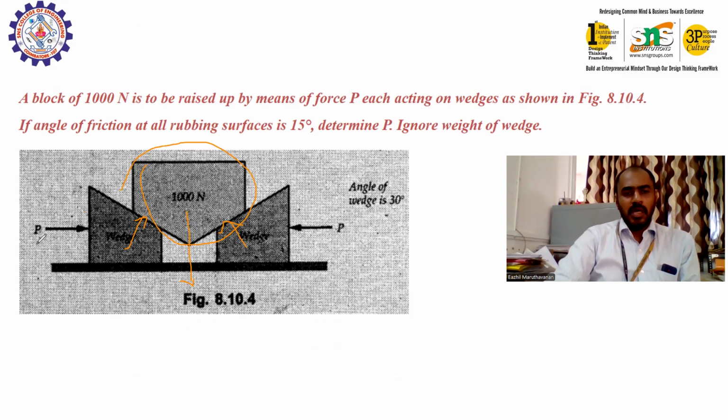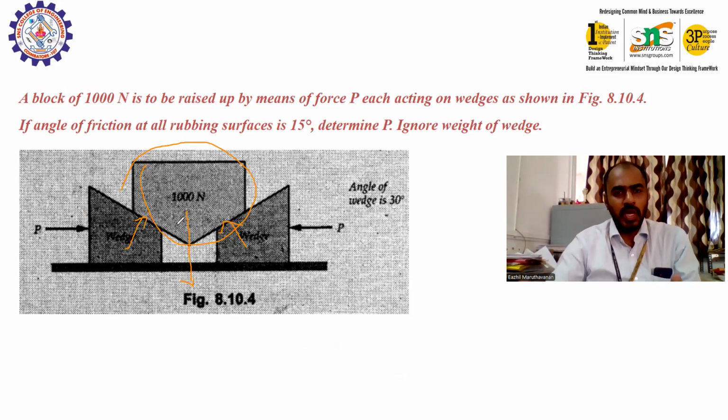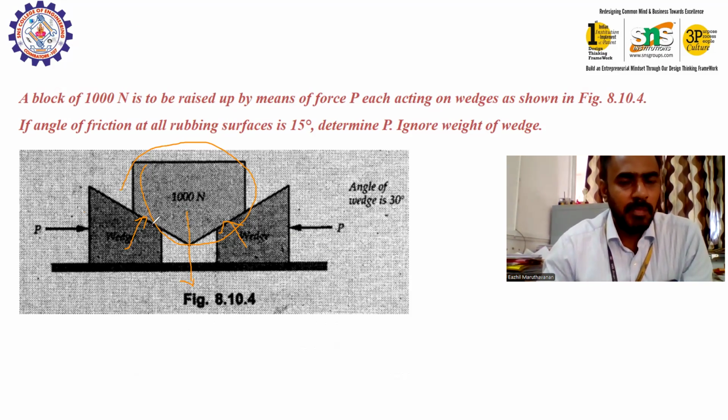When the wedge is forced in this direction, the block moves in the upward direction. So the frictional force will be in the opposite direction. Similarly, here also the frictional force is in the opposite direction.